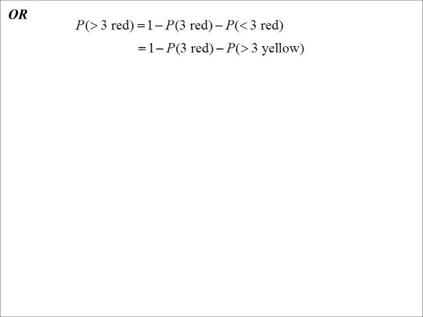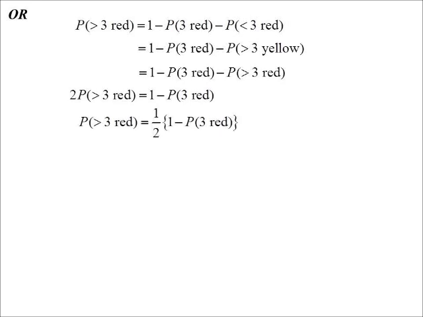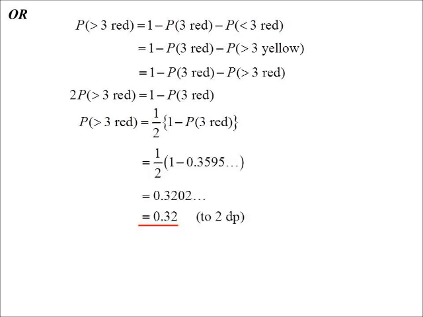But the probability of greater than 3 yellow would be exactly the same as the probability of greater than 3 red. And now I could think of this as not lines of working out, but I could think of it like an equation. And I can move the probability of greater than 3 red to the left-hand side, and I now know twice the probability of greater than 3 red will simply be 1 minus the probability of 3 red, which is what we worked out in part I. So dividing by 2, 1 minus probability of 3 red, and sure enough we end up with 0.32. So that would be the hence way of doing it.